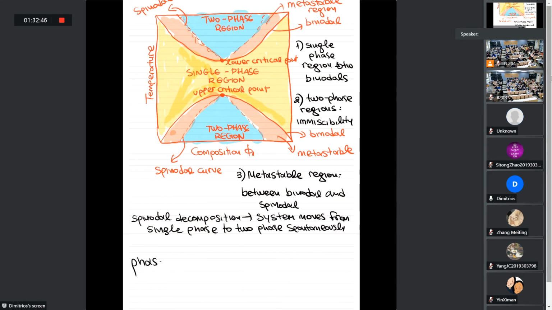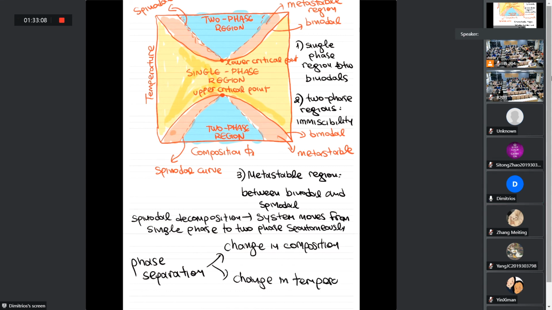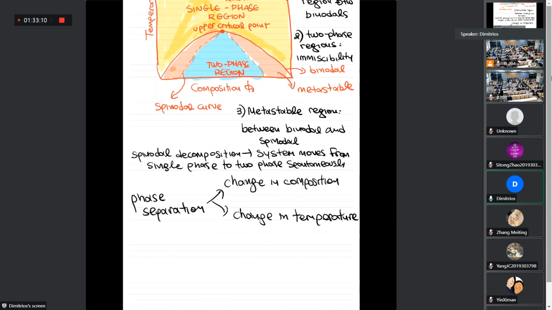So phase separation takes place if we have a change in composition or a change in temperature. In order to do so, we need to cross binodals or spinodals, okay?